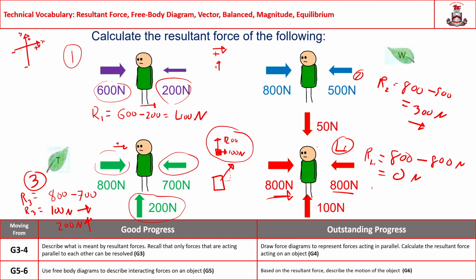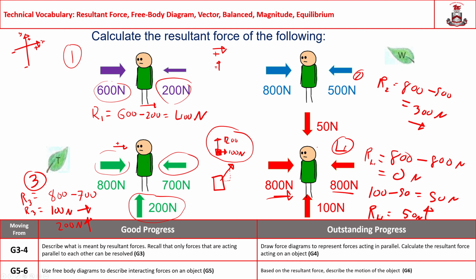We have got 50 newtons going down and 100 newtons going up. We said up was positive, so we'll do 100 newtons take away 50 newtons. That equals 50 newtons. So the resultant for 4 is 50 newtons going up. Okay, because remember the horizontal one cancelled out.